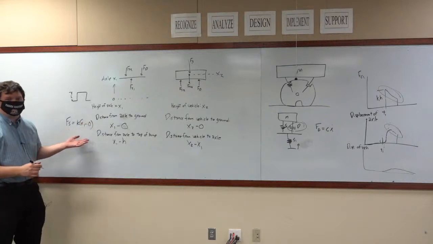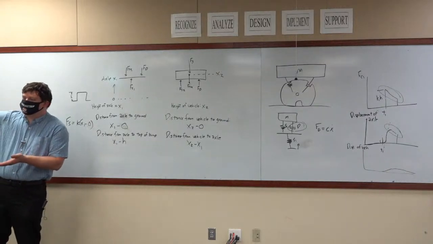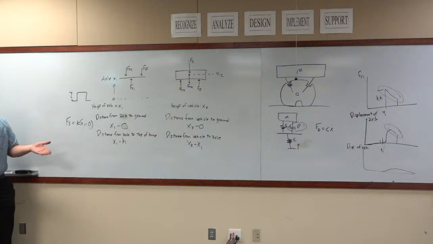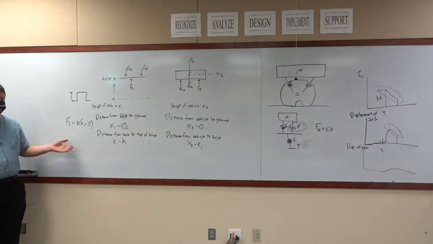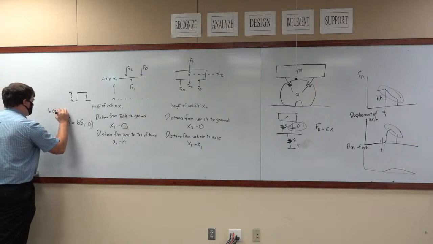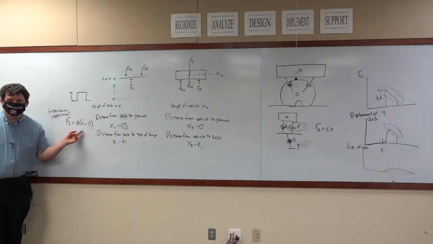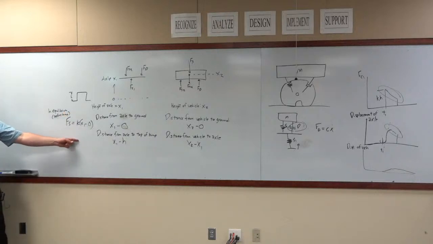All right, this is the static force that's holding the tire, that's pushing up on the tire, that is required to support the vehicle. So, in equilibrium, before hitting the bump, this is the case. And x1 is likely a constant value here.